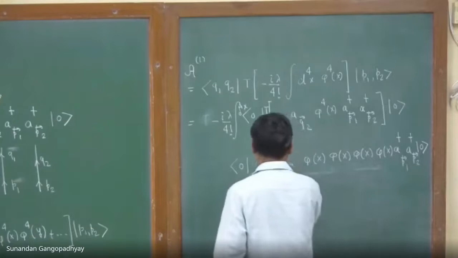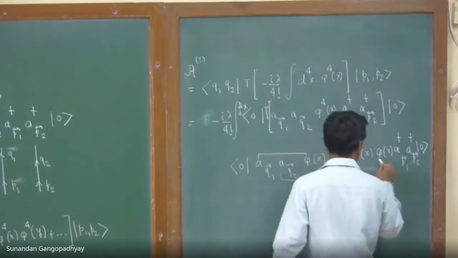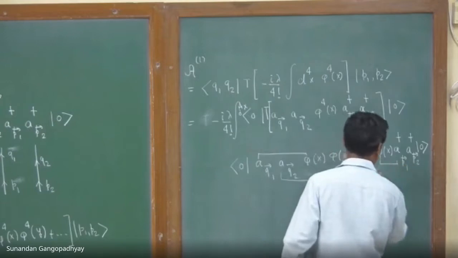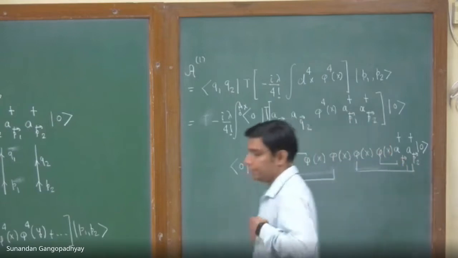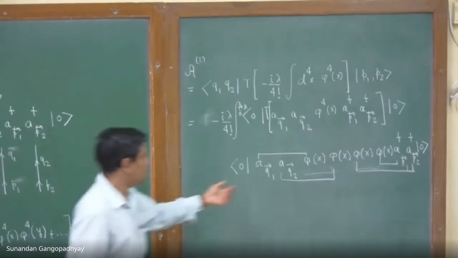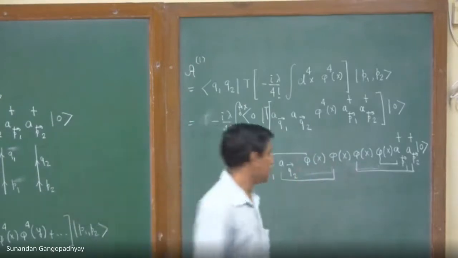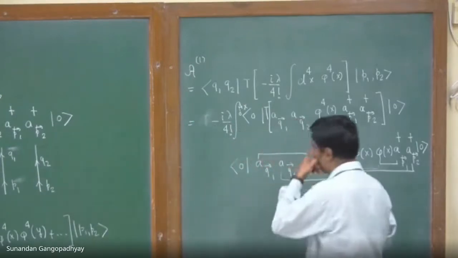If you contract this with this, this with this, this with this, and this with this. So there are 4 phi's. You contract each of the phi's with the a's and a daggers. That will give you the interesting process, and you know what it will come out to be.